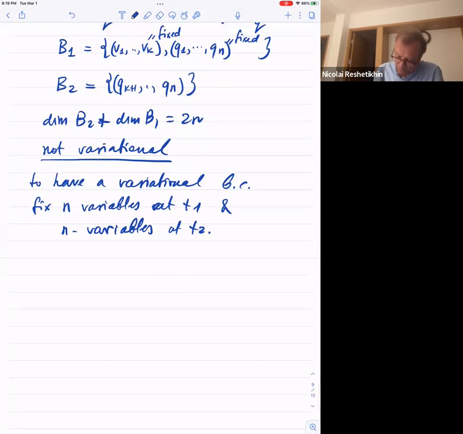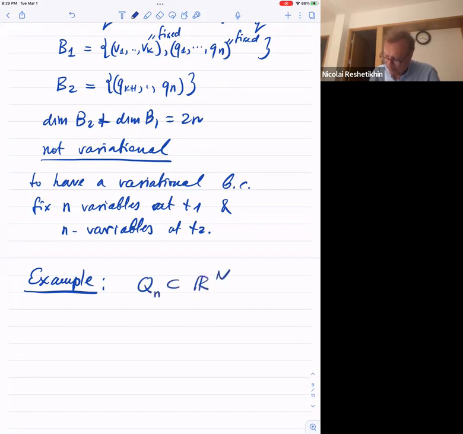Okay, let's look at one example. Let's suppose that our manifold Q is n-dimensional.